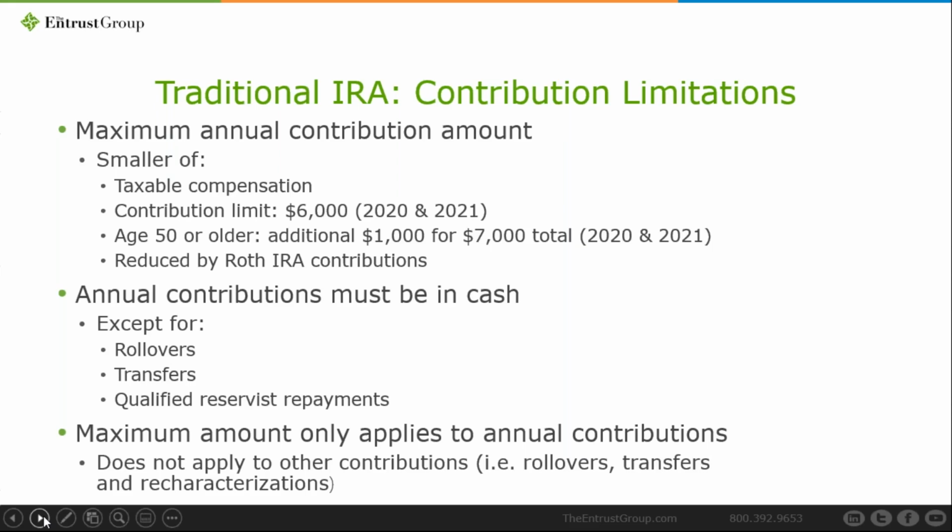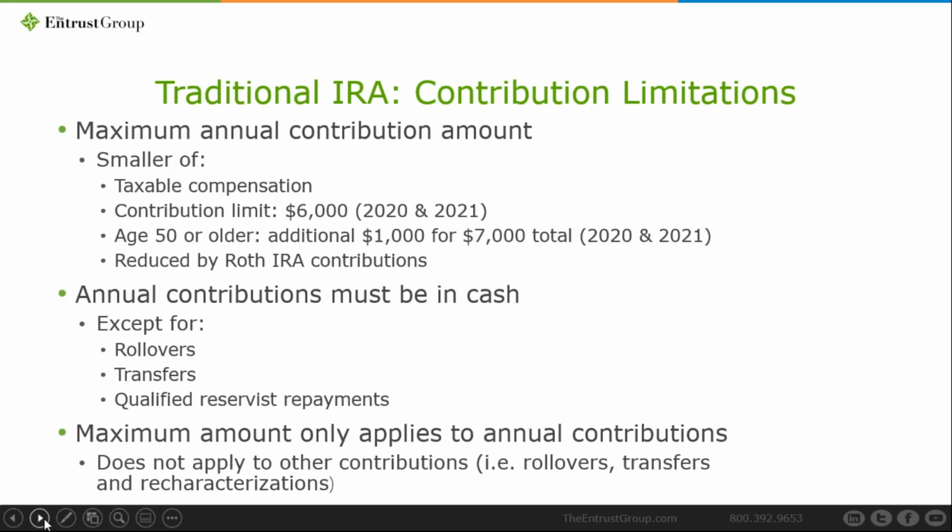So in other words, only the annual contributions have a requirement that the contribution must be made in cash. Right? The maximum contribution as well only applies to the annual contribution. So in other words, if you have $500,000 from a 401k plan, you want to roll that into an IRA, that does not affect your annual contribution limit for a particular year.